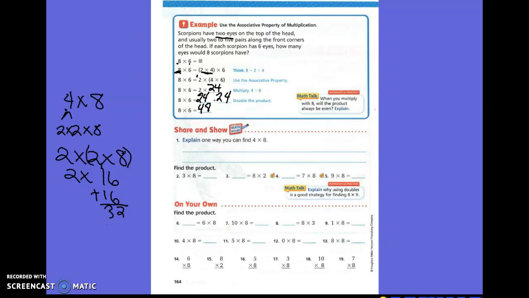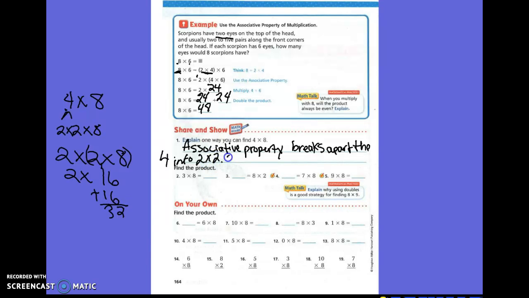Explain the way that we find it. We did the associative property. We broke apart the 4 into 2 times 2.